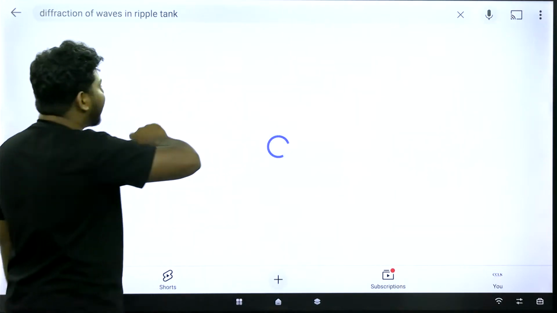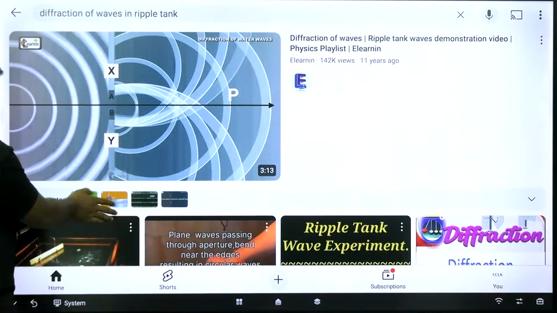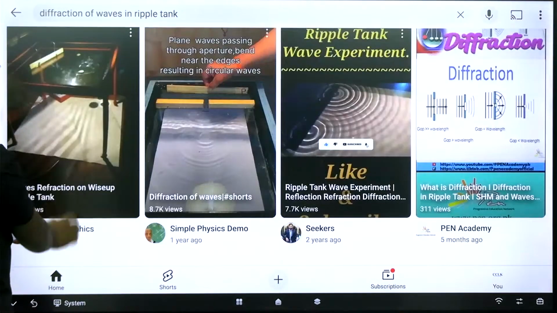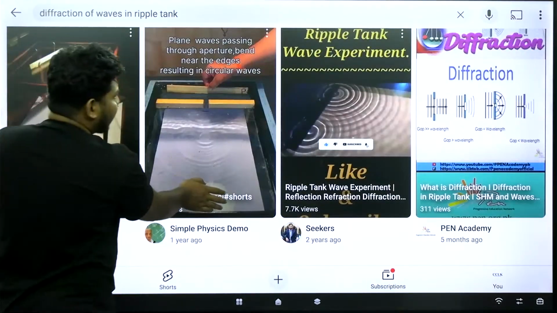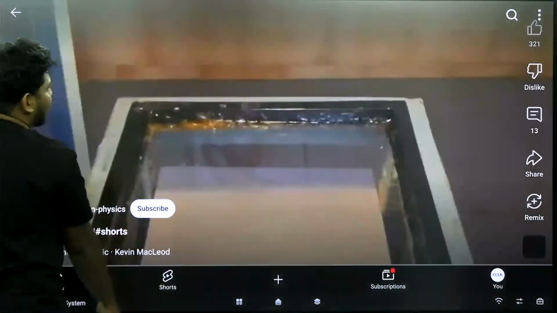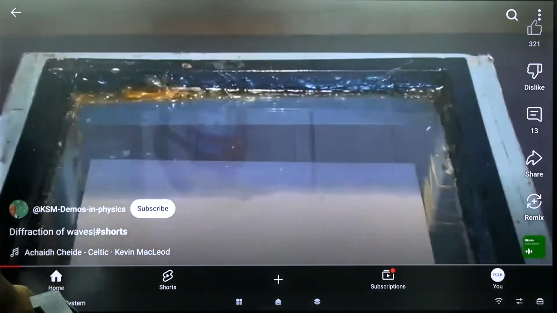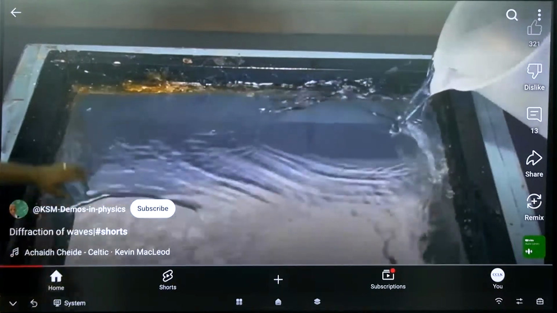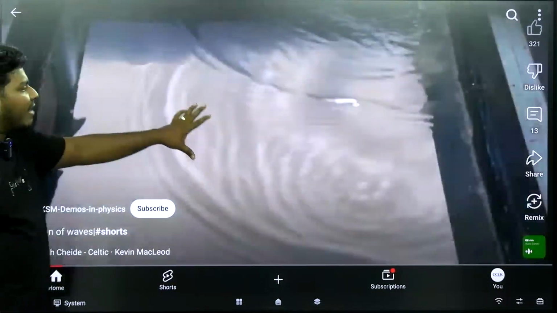Diffraction of waves in a ripple tank, we can see this one. Look at this one, this is the best one, I think. So this is a ripple tank, guys. They are filling the ripple tank with water now.